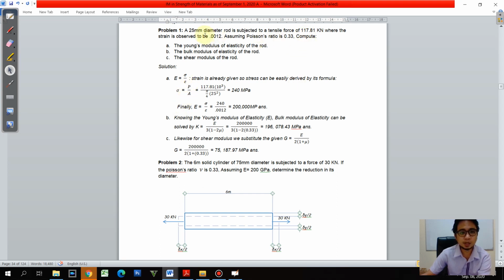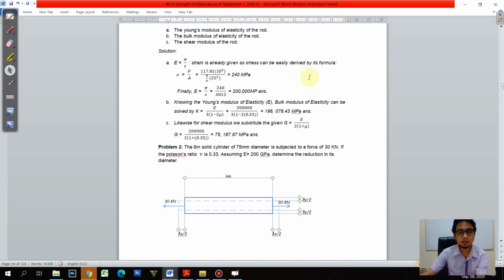Anyway, meron naman ng strain. Kung alam natin yung strain at alam natin ng stress, stress all over strain is modulus of elasticity. So a simple quotient will give us 200,000 megapascal for our modulus of elasticity.